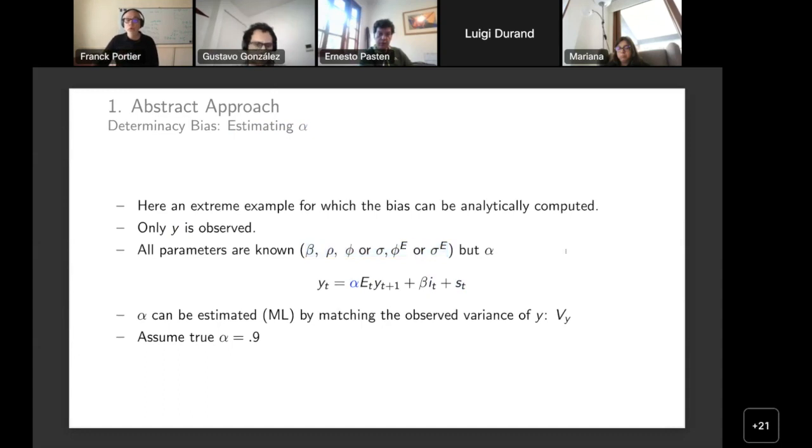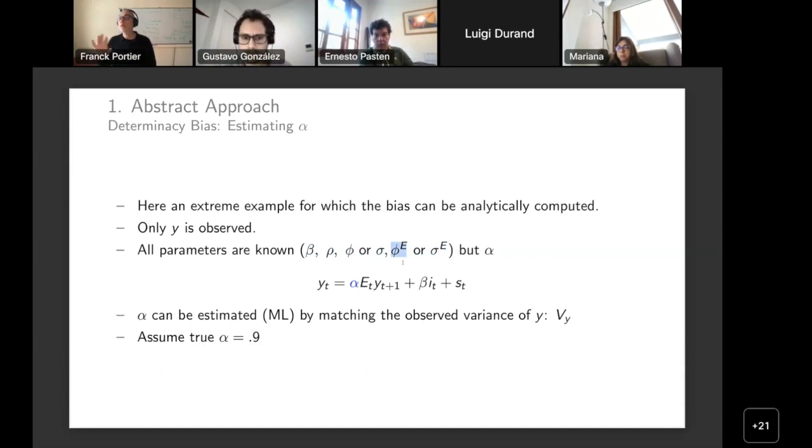So if the world is feedback, then the econometrician knows the value of the feedback parameter. But if the world is a state rule, but the econometrician thinks it's feedback, he knows the value of this equivalent phi.